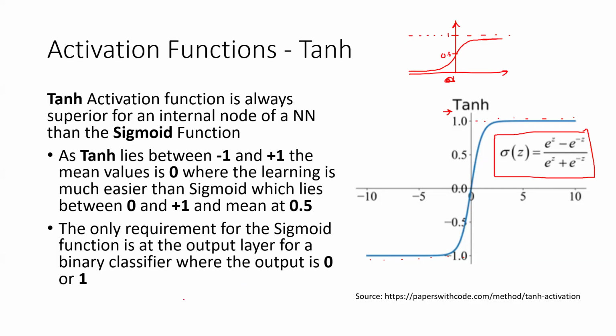Suppose you have a multi-layer neural network, first layer, second layer, third layer, and so on, with input x values. If this is the last layer where we get the predicted value, you can use the sigmoid function only for this last layer. For all the other layers, you have to use some other better activation function like tanh, right?